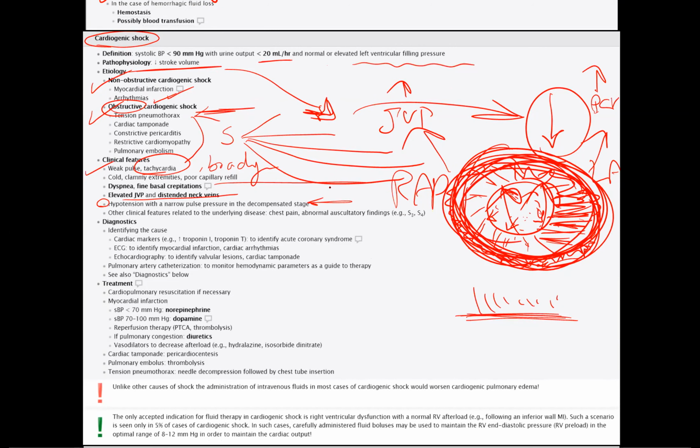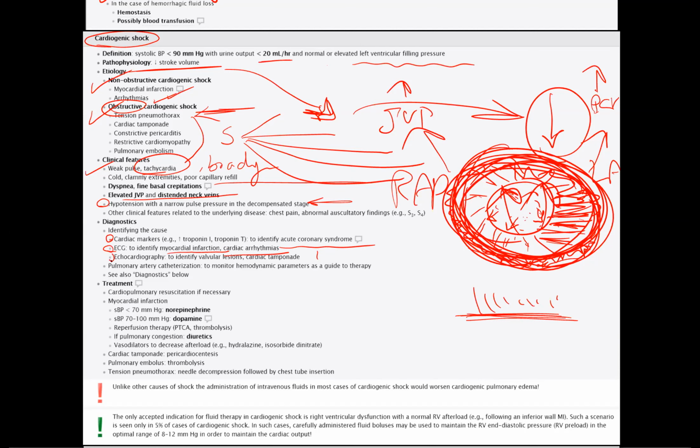We have to do cardiac markers to exclude MI, like high troponin, troponin T or troponin I, to identify acute coronary syndrome. ECG to identify MI, cardiac arrhythmias, pulmonary embolism.